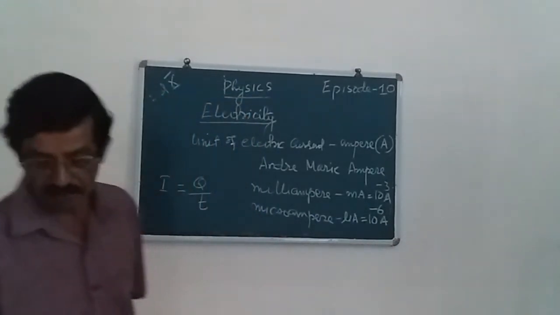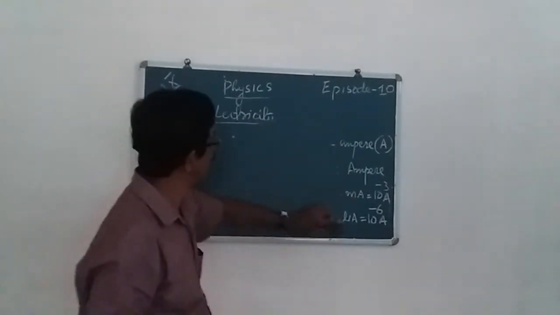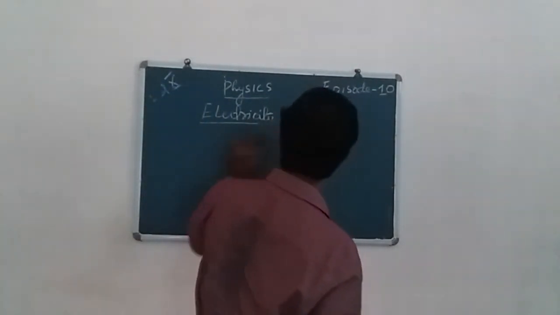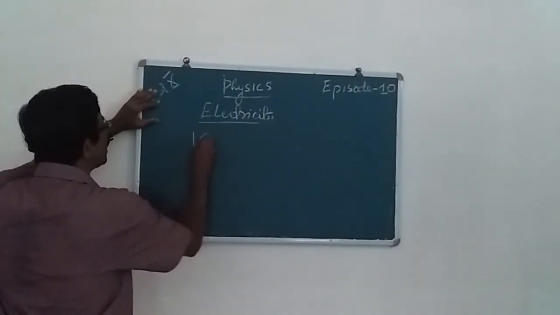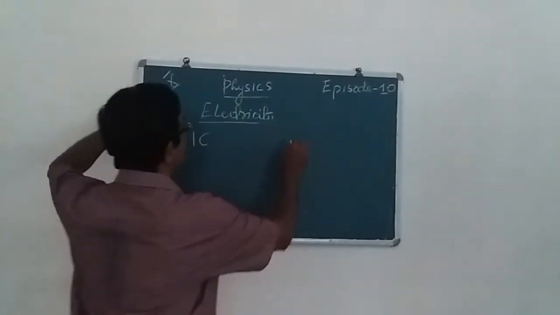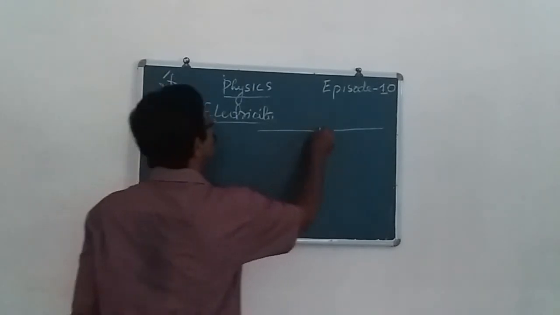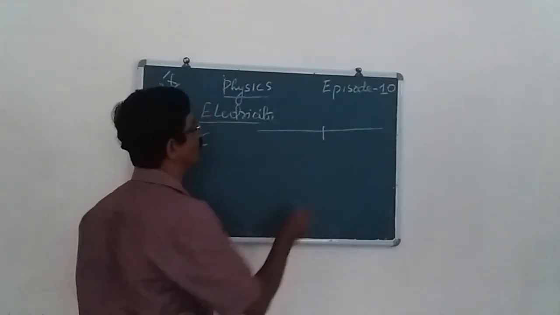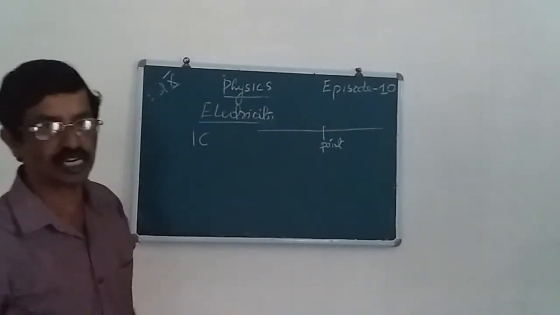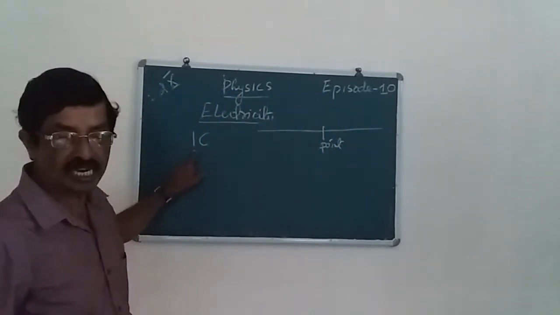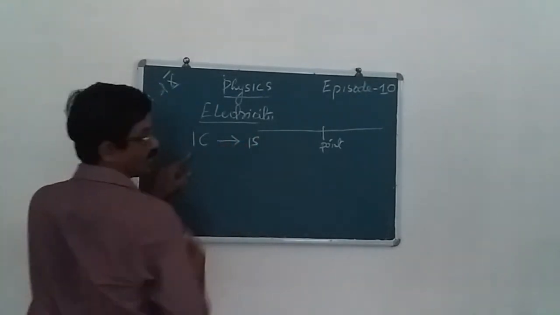Now see, we want to define 1 ampere. Suppose we consider a copper wire, and through a particular cross section, 1 coulomb charge passes in 1 second.